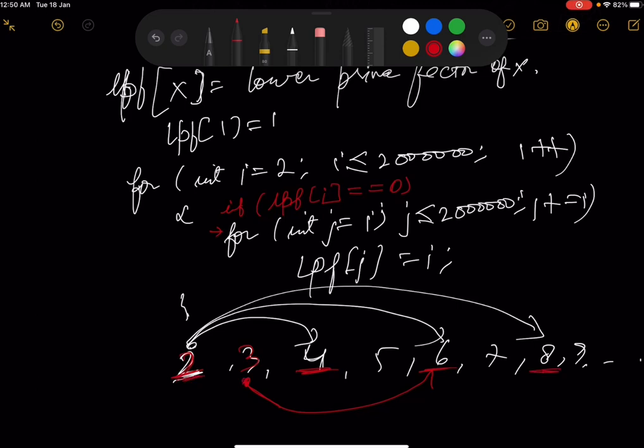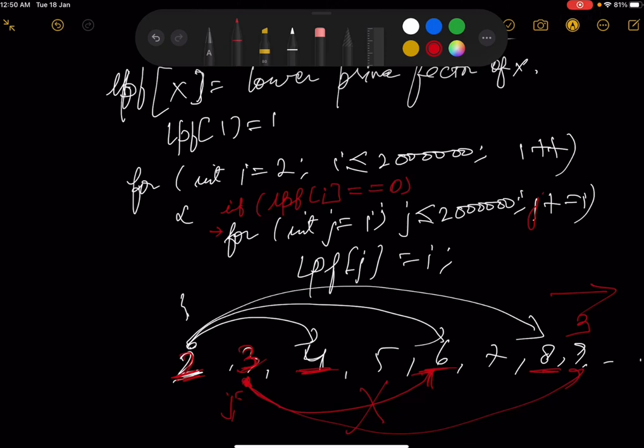Now when we update for 3, j plus equal to I, j was initially pointing to 3, now it's pointing to 6. The LPF of 6 has already been found, equal to 2, which is not equal to 0, so we don't update here. Then we go to 6 plus 3, which is 9, and we update the LPF of 9 to be equal to 3, and similarly we keep on doing.